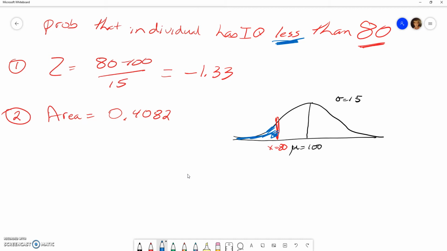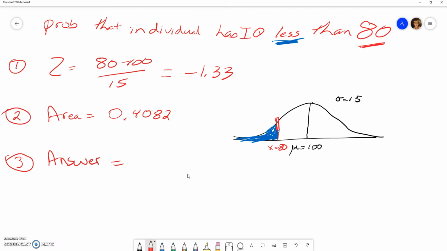So we're shading everything over to the left side from 80. Students will always ask me, do we subtract the area from 0.5? Do we add it to 0.5? How do we know? The best answer is found by drawing it out, because now we know what the answer will be.